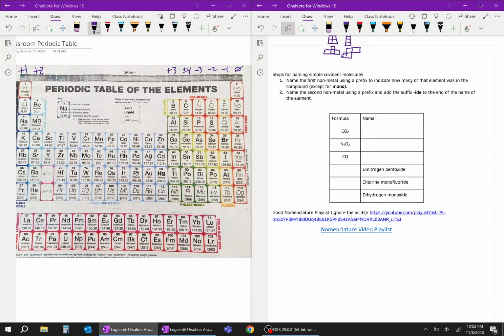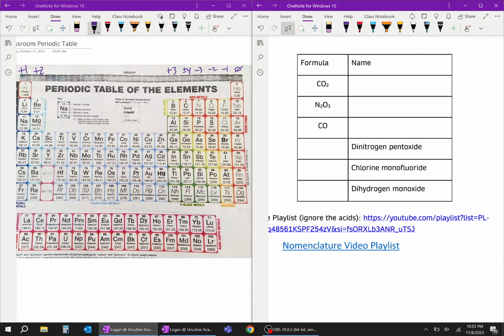When I'm naming a simple covalent molecule, I name the first nonmetal using a prefix. I name the second nonmetal also using a prefix, and then you end in "ide." The only exception is we never start a molecule with the word mono. Not sure exactly why, but we just assume that there's only one at the beginning unless you have a prefix.